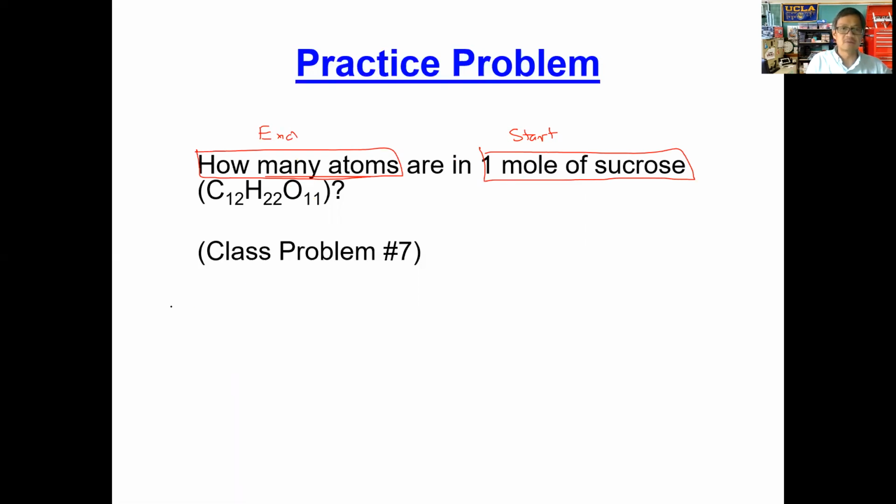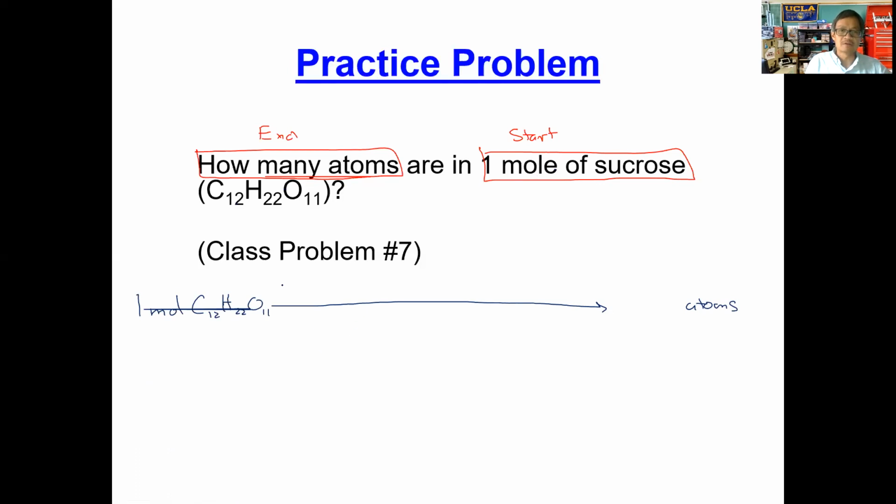So let's write that out. We have 1 mole of sucrose, and this is the formula for sucrose, C12H22O11. Remember, be careful here, folks, what we're trying to find is the total number of atoms in this many particles of sucrose.